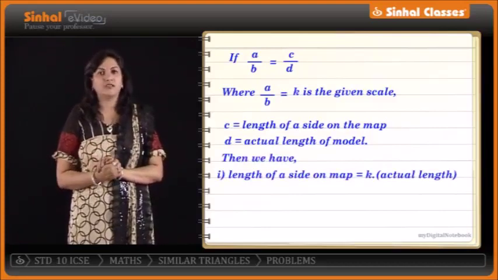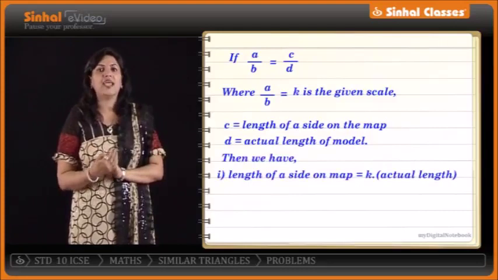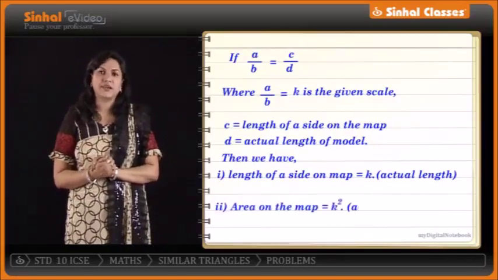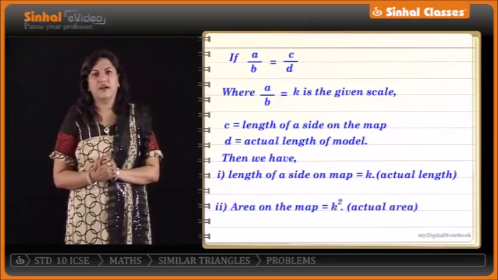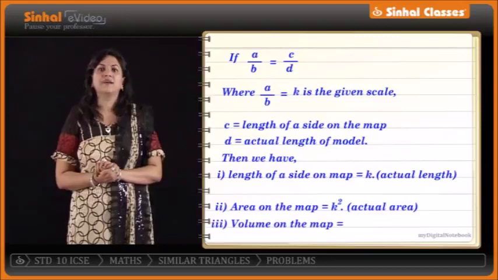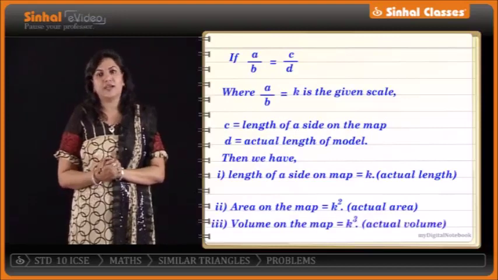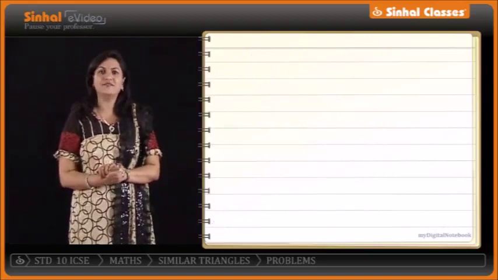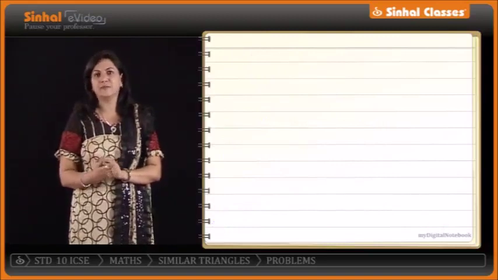Now if we talk about area, we can say area on the map is equal to K square times the actual area. And when we talk about volume, the volume on the map will be K cube times the actual volume. Now let's solve some problems based on maps and models.